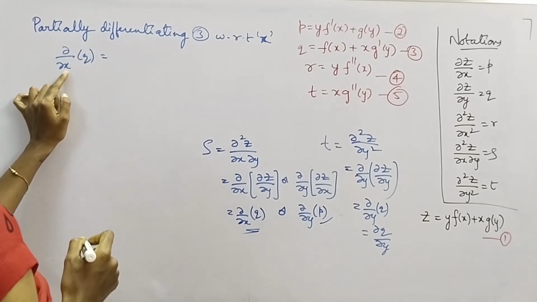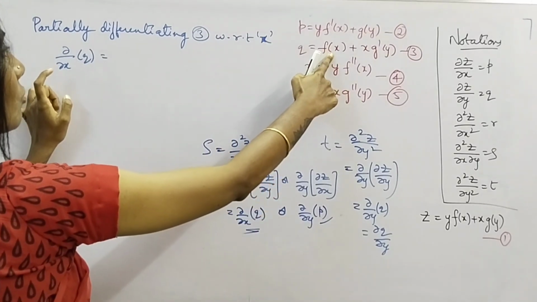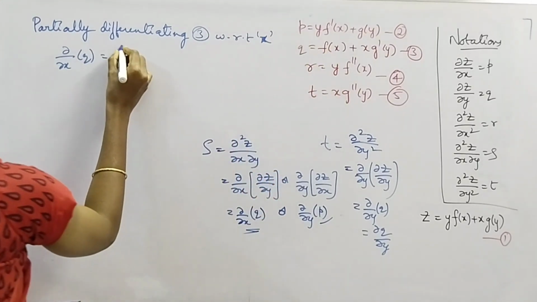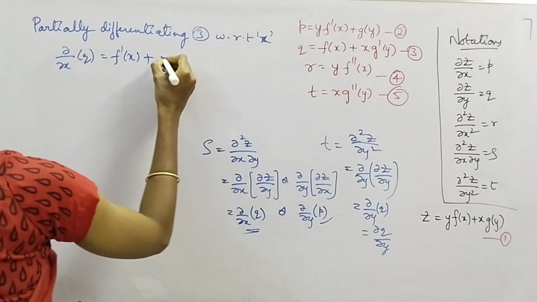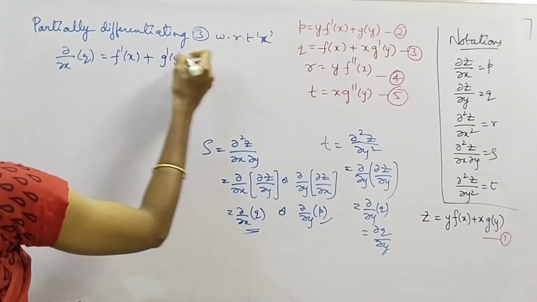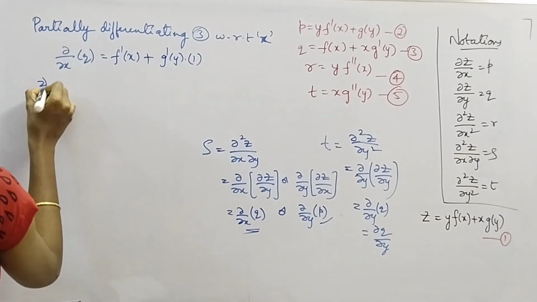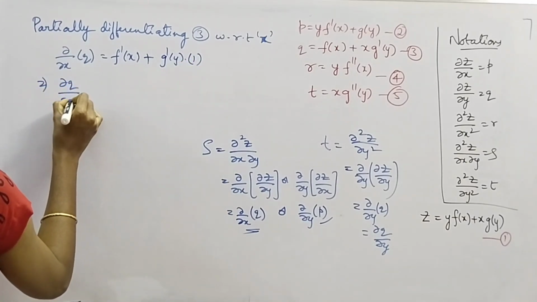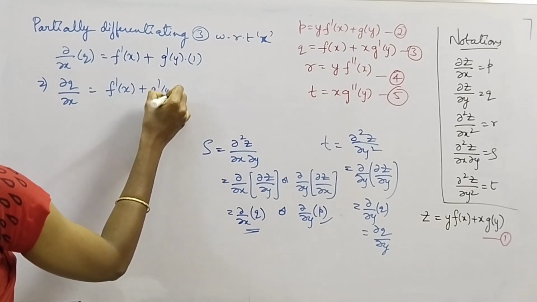Since we are partially differentiating with respect to x, we'll treat y as constant. The partial derivative of f of x with respect to x is f'(x), plus g'(y) is constant into the partial derivative of x with respect to x, which is 1. This gives us f'(x) plus g'(y).